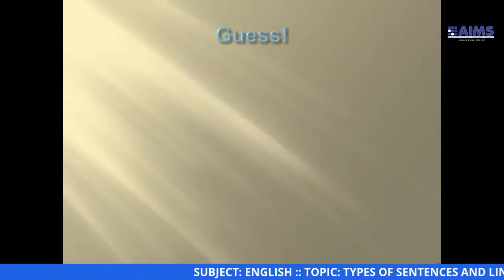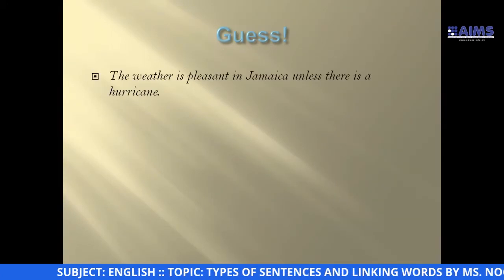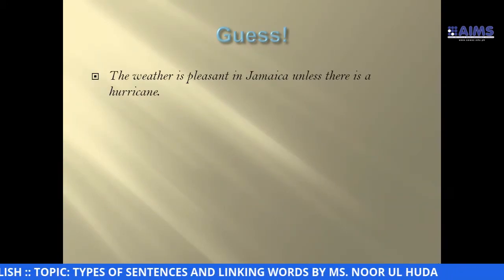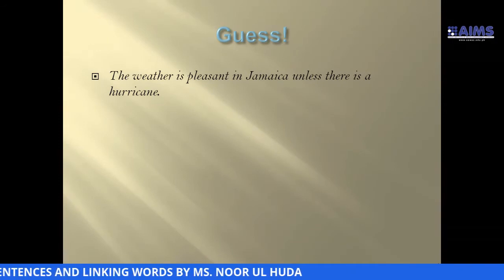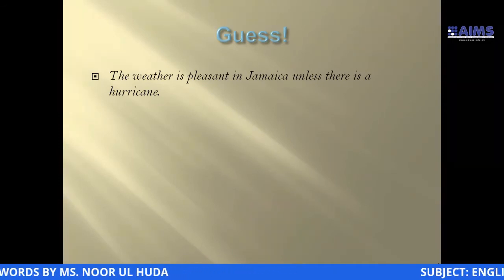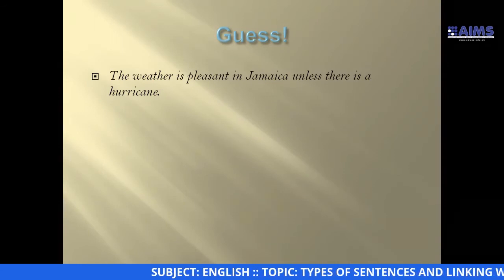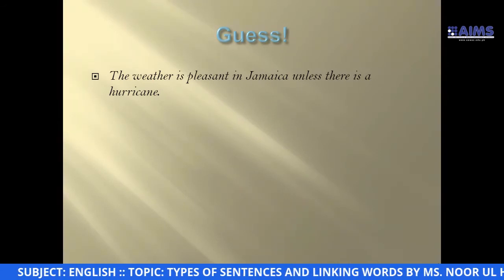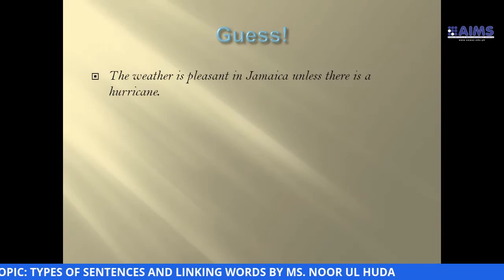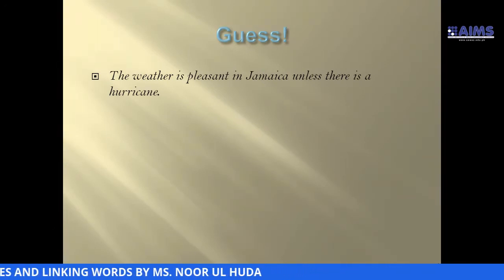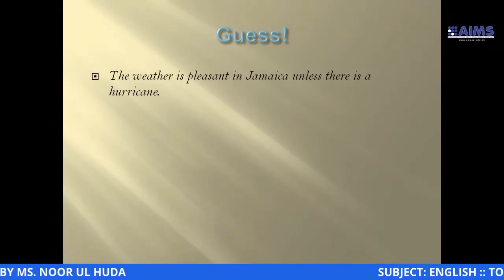Now you need to guess what type of sentence it is. The first sentence is: the weather is pleasant in Jamaica unless there is a hurricane. Can you identify what kind of sentence this is? Is it a simple sentence, a compound sentence, or a complex sentence?